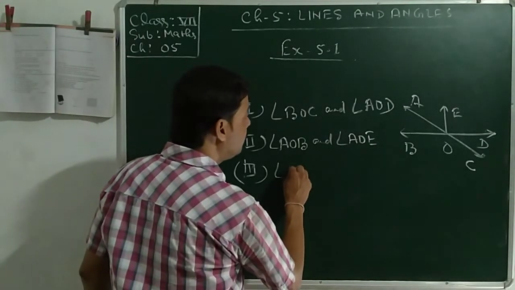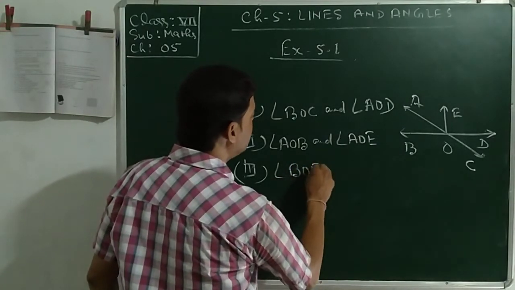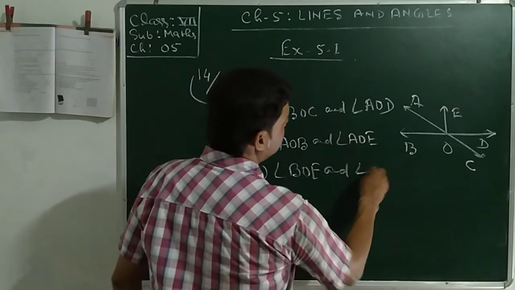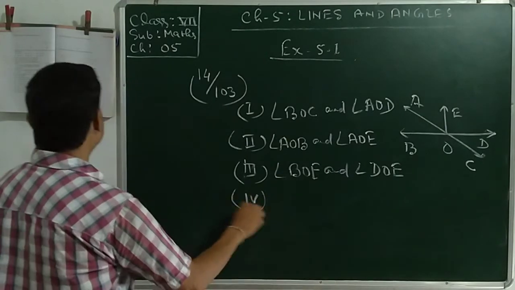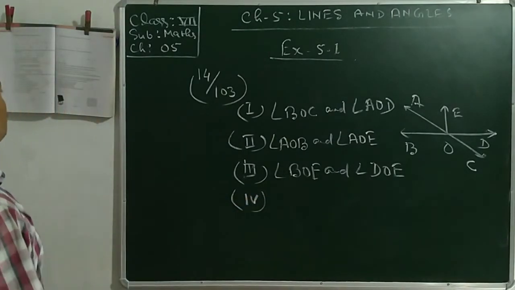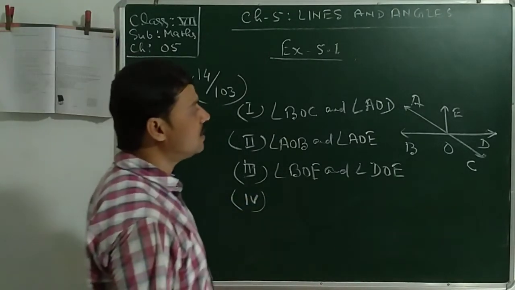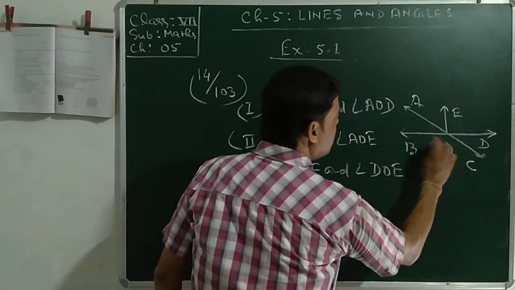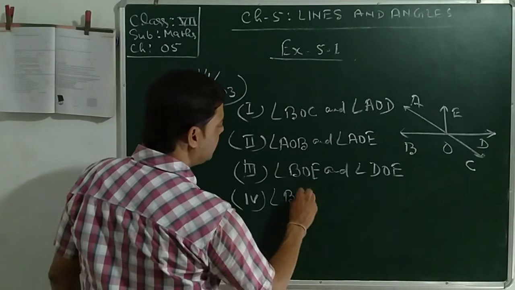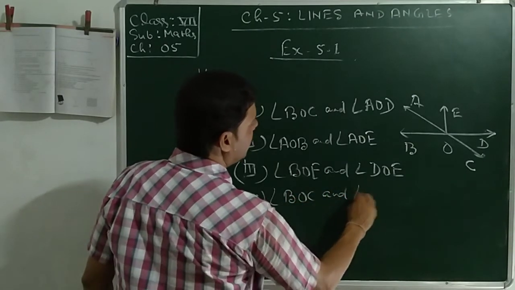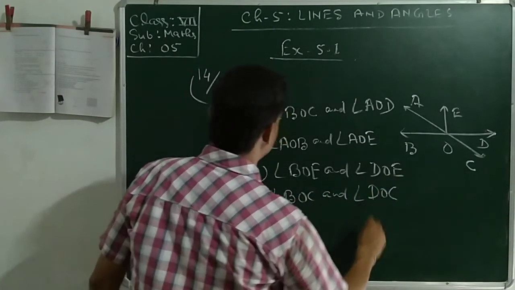Angle BOE and angle DOE. Now fourth is unequal supplementary angles. These are supplementary but unequal. So we can write angle BOC and angle DOC.